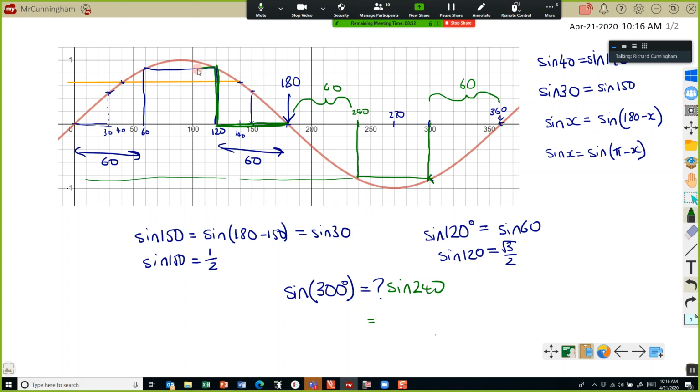But what does this give me out? It gives me out a positive or negative answer. Positive, okay, but it's going to be exactly the same distance from 0 as this one, because of the shape of this curve. So I can say that sine of 240 is the same as negative sine of 120.